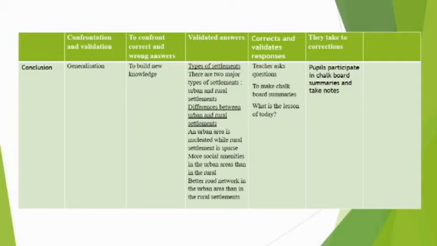That's the IPO at this level. And the main matter is validated answers, that's answers that are already corrected. And then the facilitator's activity here is to correct and validate responses.